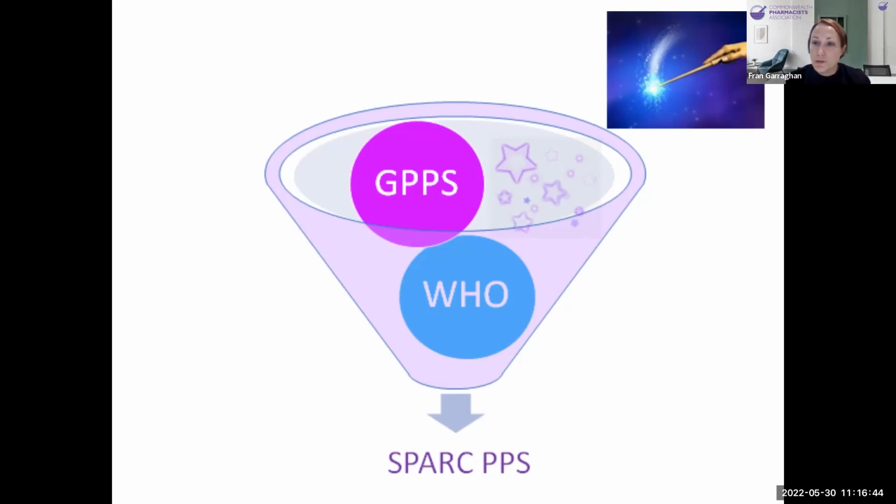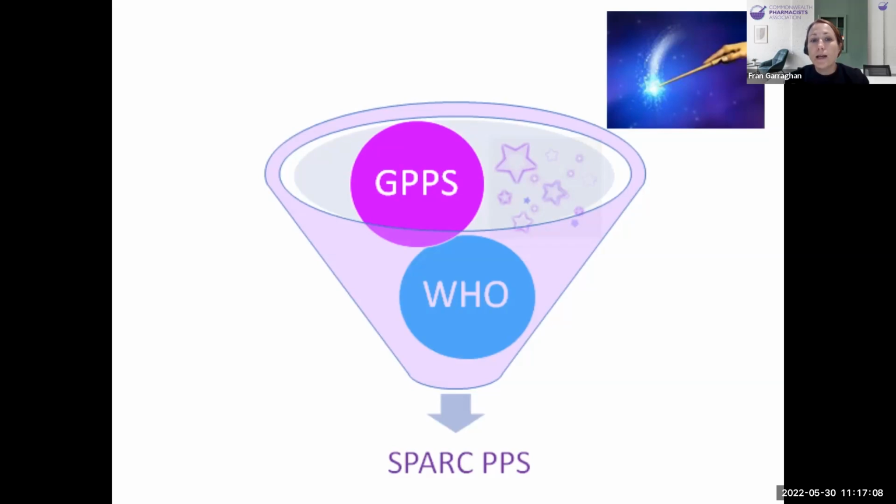However, when we discussed this with our local and our key stakeholders for the SPARC programme, people were very keen to use the World Health Organization methodology. The really good thing about the Global Point Prevalence Survey is it gives you an analysis of the data, and the World Health Organization methodology doesn't give this, so sites have to analyse their own individual data.